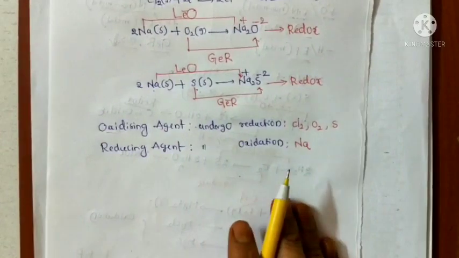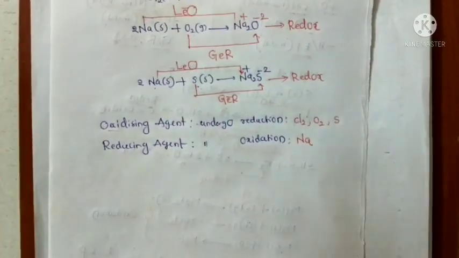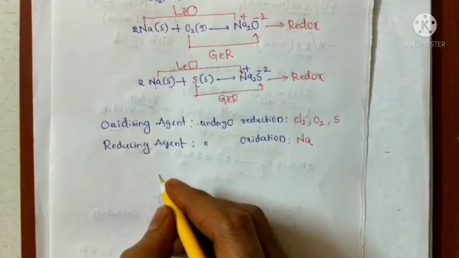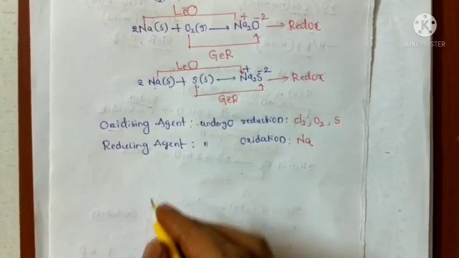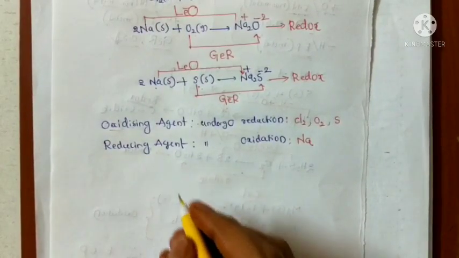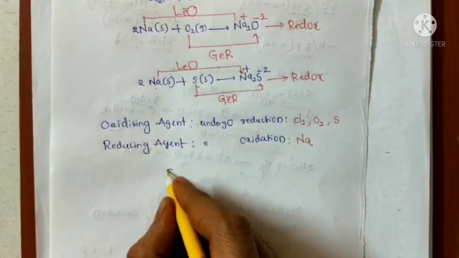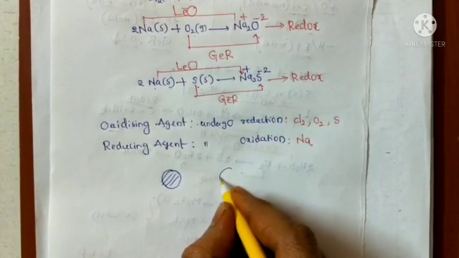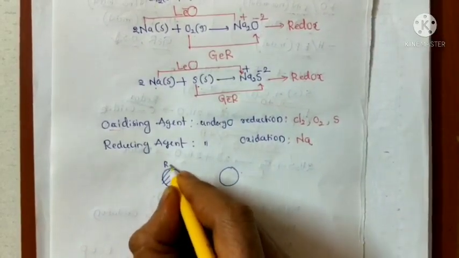And we also explained this in the determination of the equivalent weight in potassium permanganate. You will remember that this is a reducing agent.